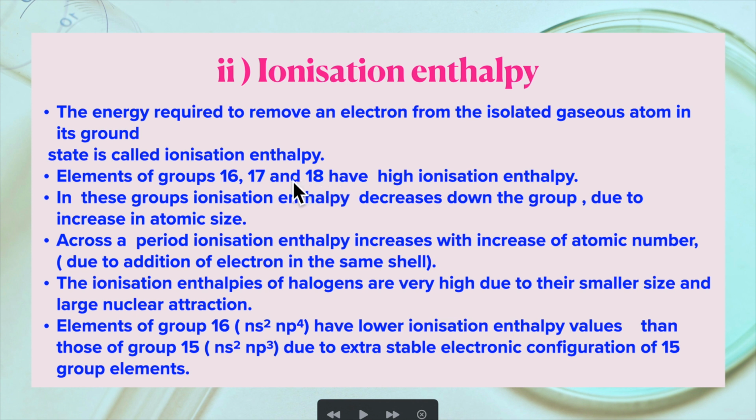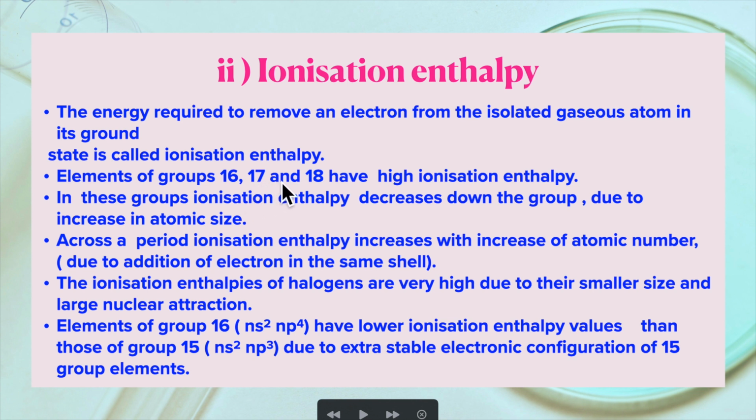As we have considered, the atomic size goes on decreasing from left to right in the periodic table, and so the elements present in groups 16, 17 and 18 have small atomic size.